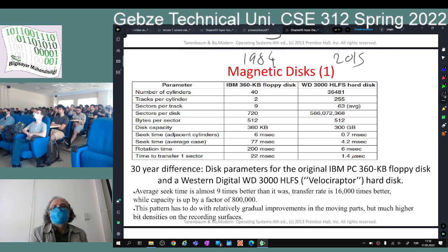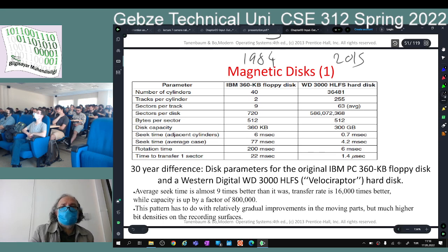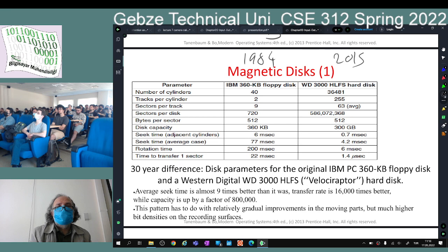This is an older hard disk. This is a floppy disk. If you remember, maybe you have seen a floppy disk somewhere. I have one on my wall in my office. It's very simple. It's not a hard disk. It's, as the name implies, a floppy disk.